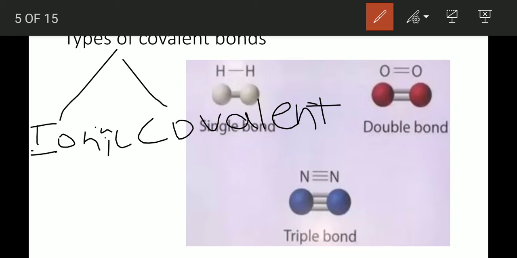Ionic bond is the bond formed by transfer of electrons.